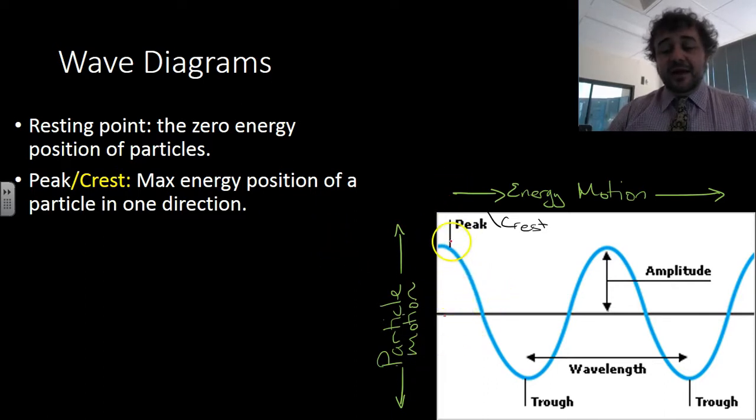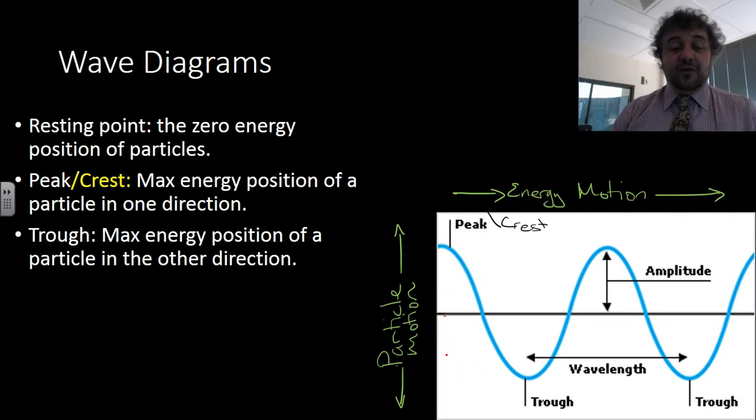Okay, so they go to the peak in one direction, and then they'll move down to the trough, and they'll go backwards and forwards until they have no energy anymore. The peak or crest is the maximum amount of energy for a particle, the maximum energy position. The trough down the bottom here is the maximum in the other direction. It's not a minimum; it's the maximum in the other direction.